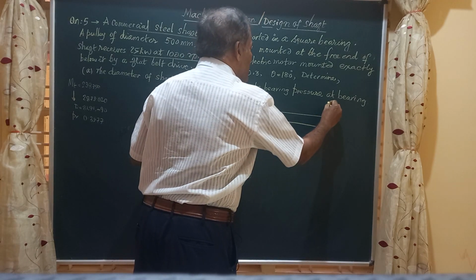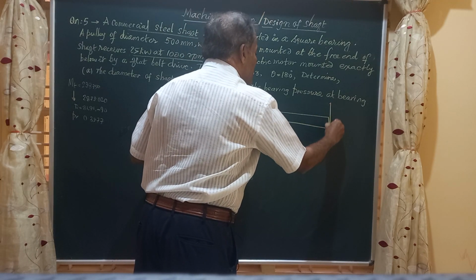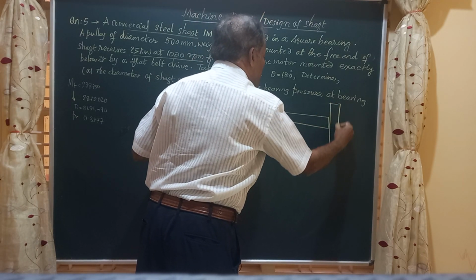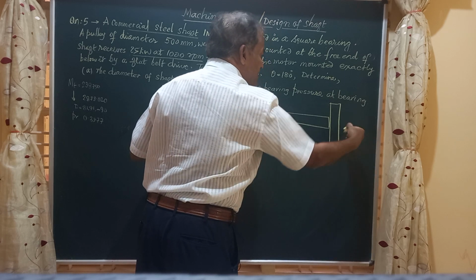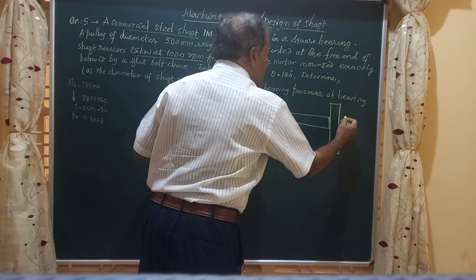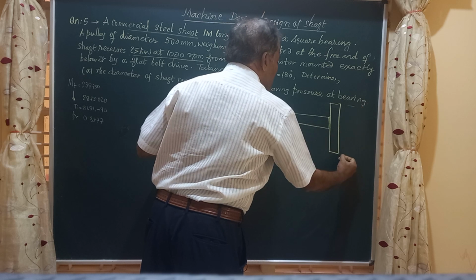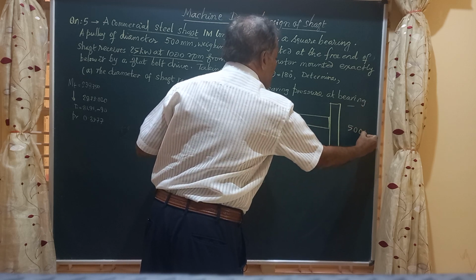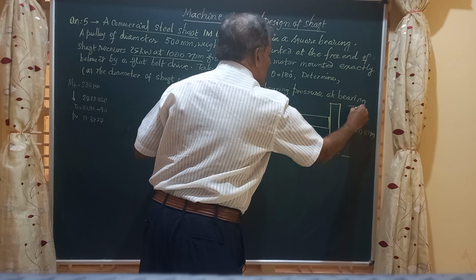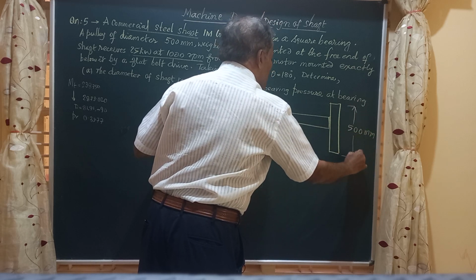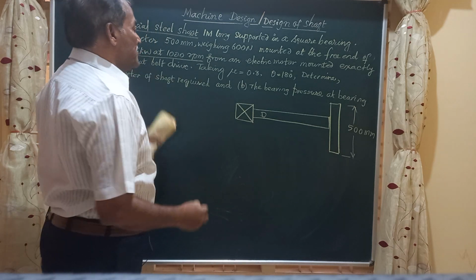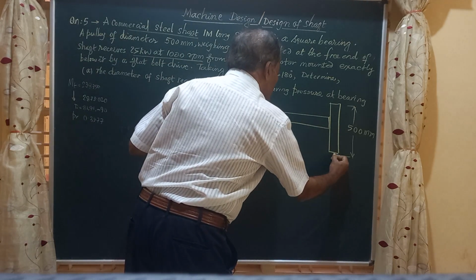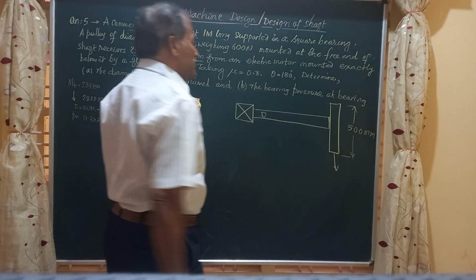And at the free end of this, there is a pulley. So in the end, it looks like a circle. This is the pulley, and they have given you what is the diameter. This diameter is 500 mm, and it is weighing 600 Newton. The weight of the pulley will act downward.